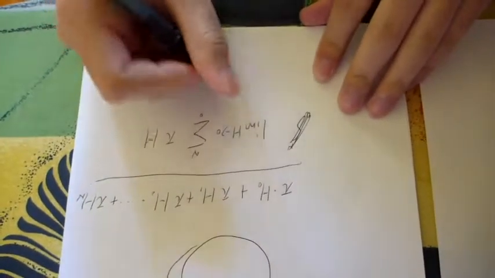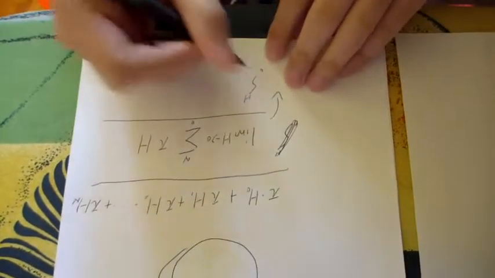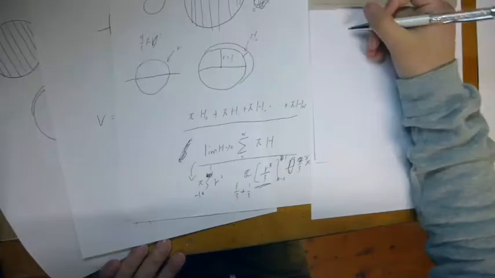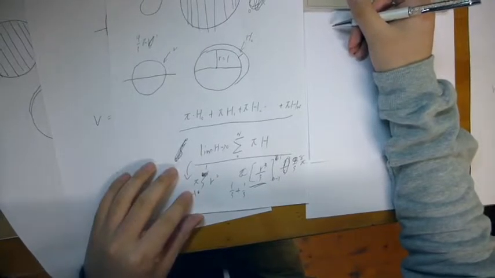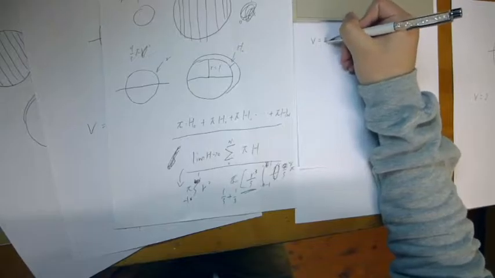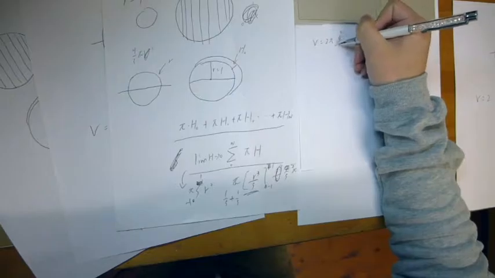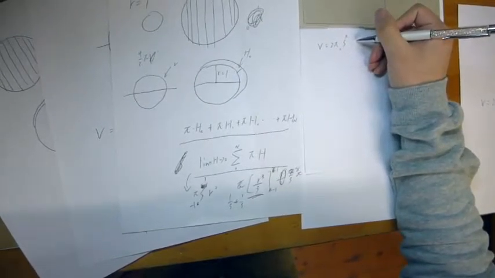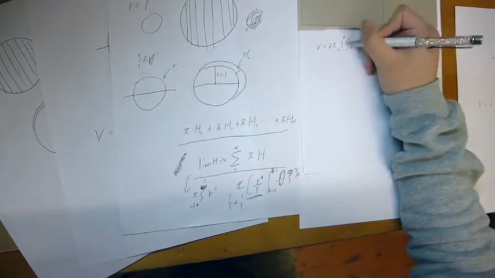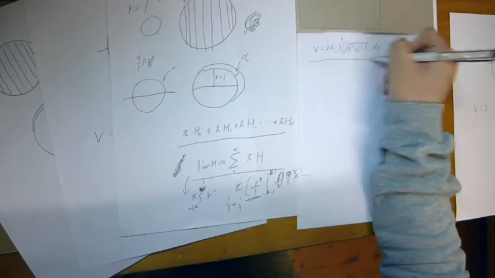So we can write this equation as an integration from 0 to h of pi r squared, the small r. Then we can calculate it for the original formula, which is V equals 2 pi times the integral from 0 to R. Because it's 2 pi, it's 0 to R, we just separate it into 2 parts. And the root of R squared minus X squared dx. Then we solve this integration.